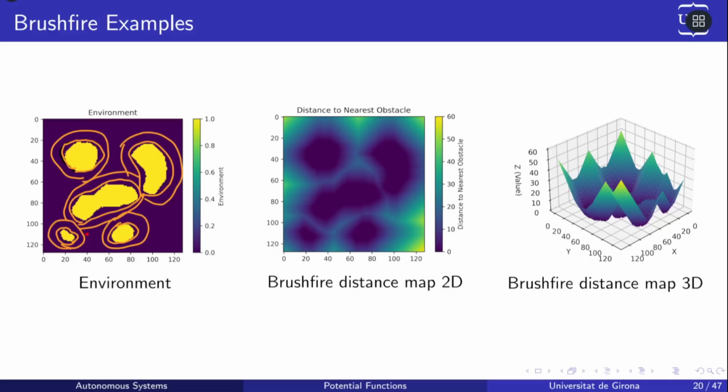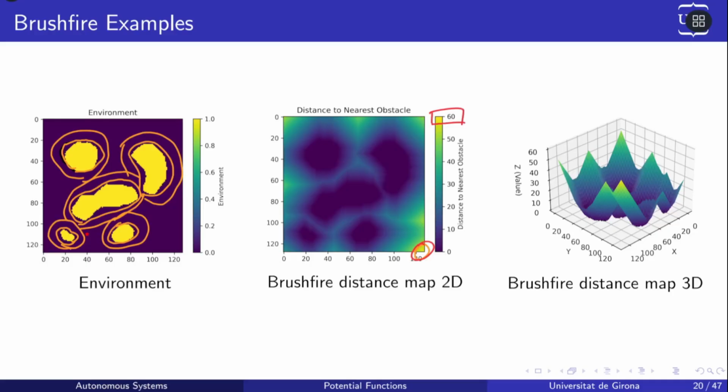For instance, here it's clear that the farthest point to an obstacle probably is this region here. You see this region, and it's at around 60 pixels, or distance 60, from the closest obstacle.